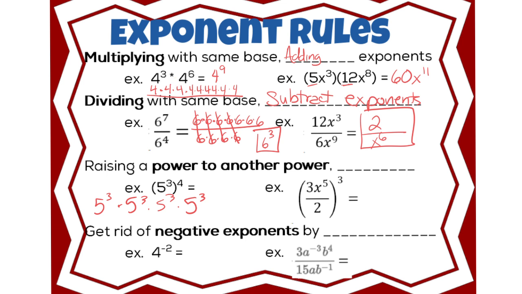If I'm multiplying, which is what I'm doing here, then I'm just going to add exponents. So I end up with 12. Now, I don't really want to have to write this out every time. If you look here, you can see that 3 times the 4, that's where that 12 comes from. So when you raise a power to another power, you're going to want to multiply exponents.